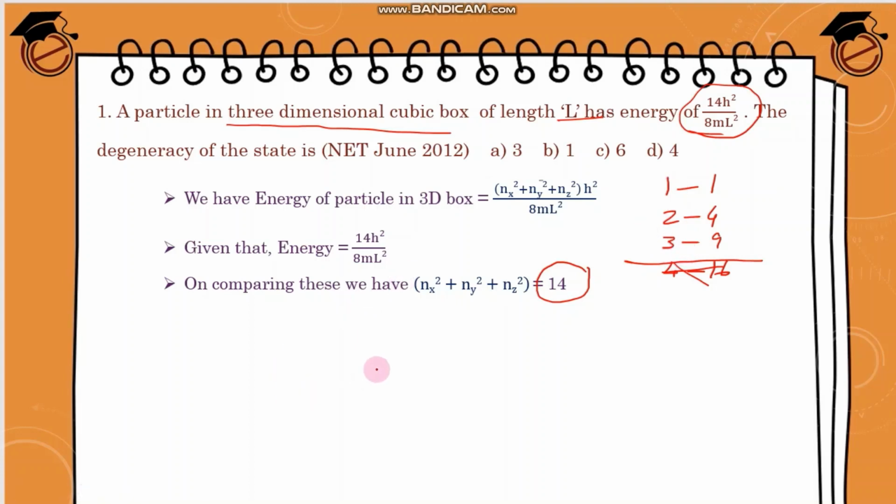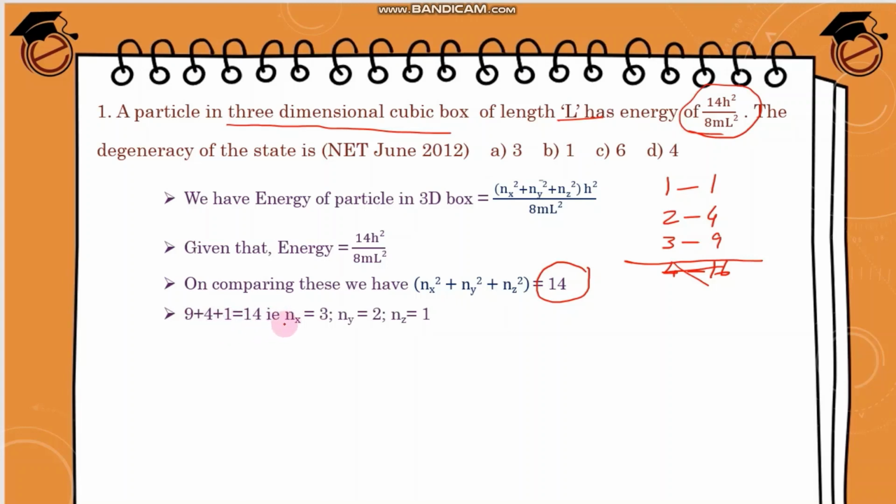Now we can check what the values of nx, ny and nz are. Just add these three values: 9 plus 4 equals 13, 13 plus 1 equals 14. So we can write 9 plus 4 plus 1 equals 14.